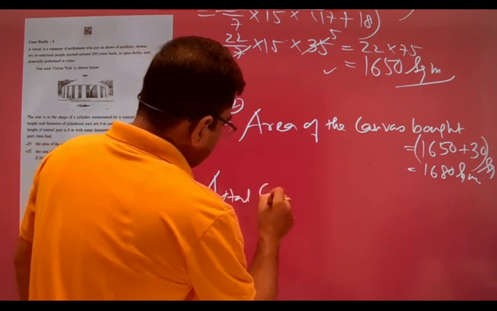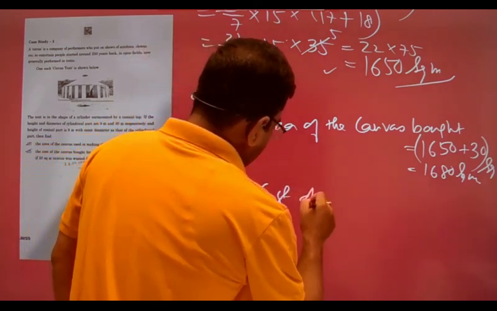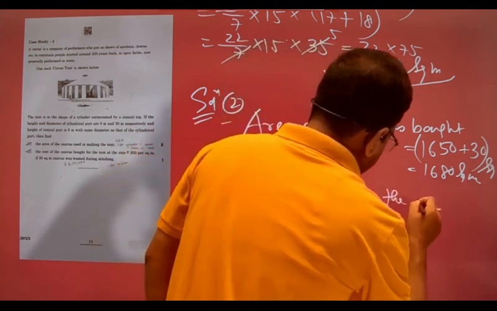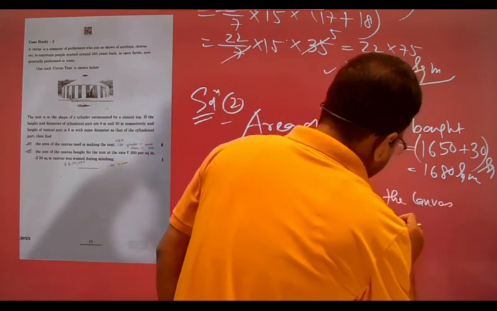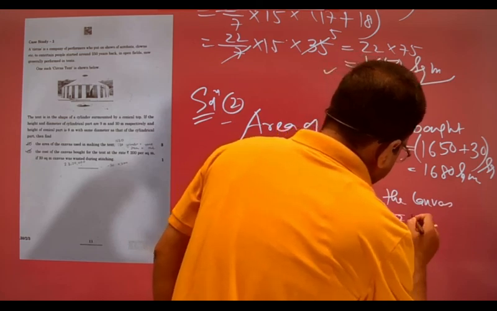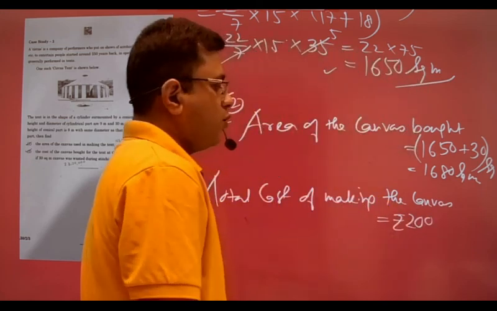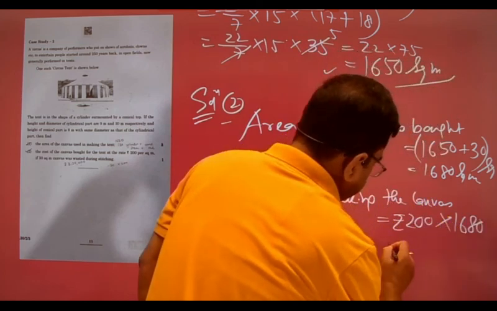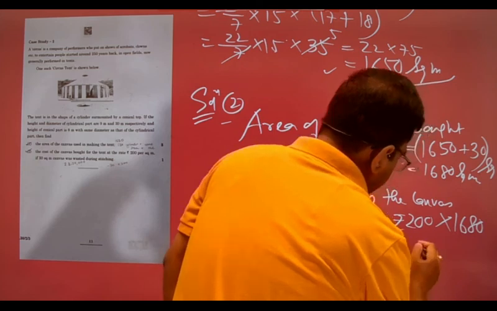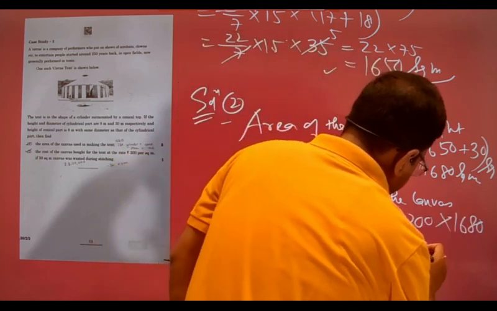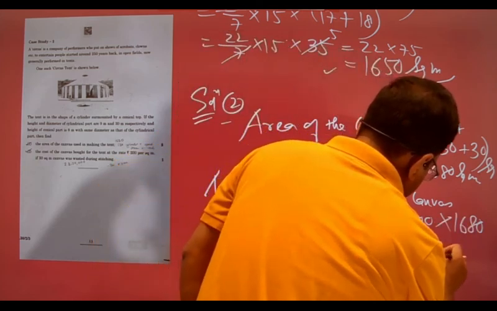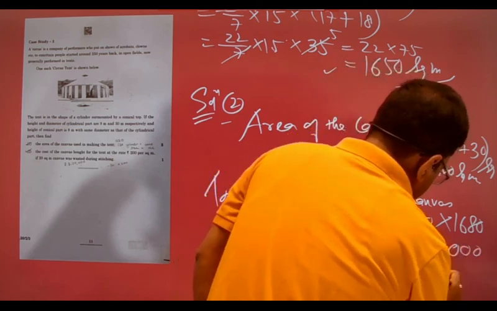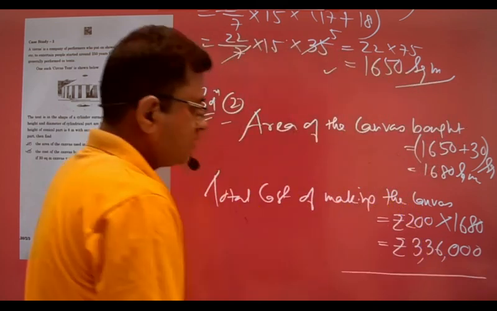The total cost of making the canvas is equal to rupees 200 for 1 square meter, and for 1680 square meter, if you do the multiplication you get 3,36,000 rupees. Okay, so this is the answer.